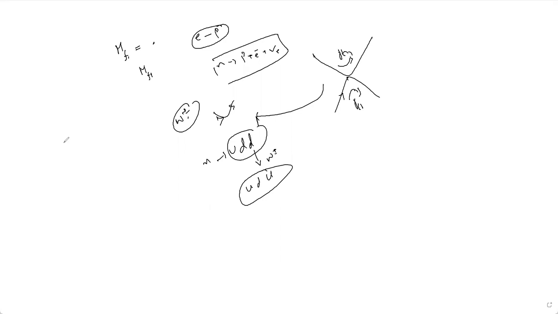Then I write down the amplitude of this process: G_W squared divided by Q squared minus M_W squared c squared, where you know that this is the mass of the boson. This is the strength of the coupling, that is, the strength of the coupling between the W minus or W plus and the quarks and the leptons.